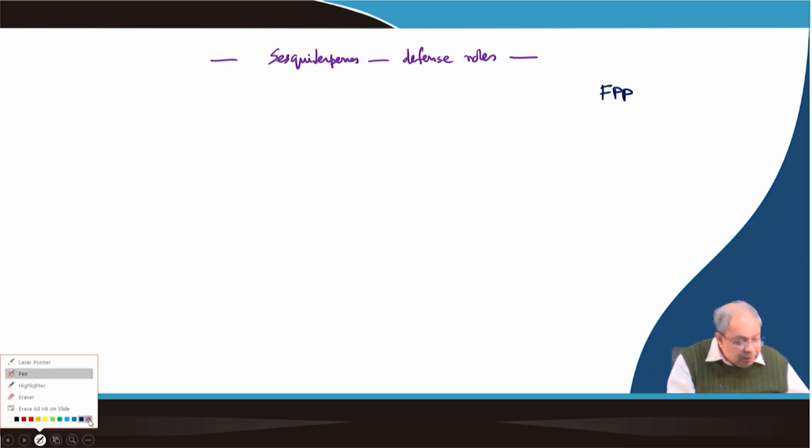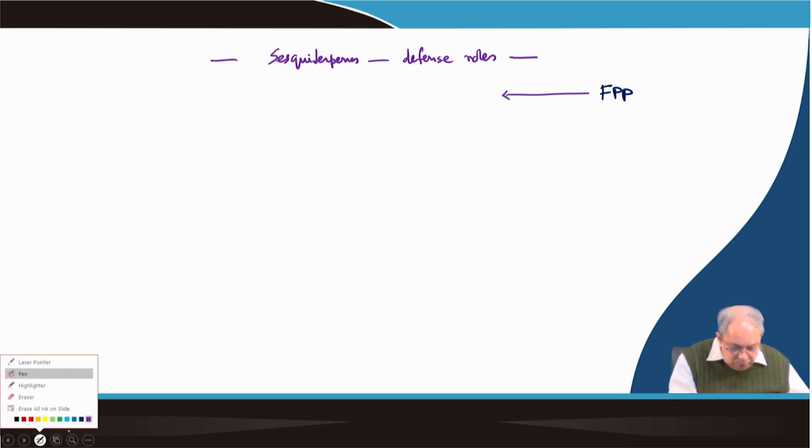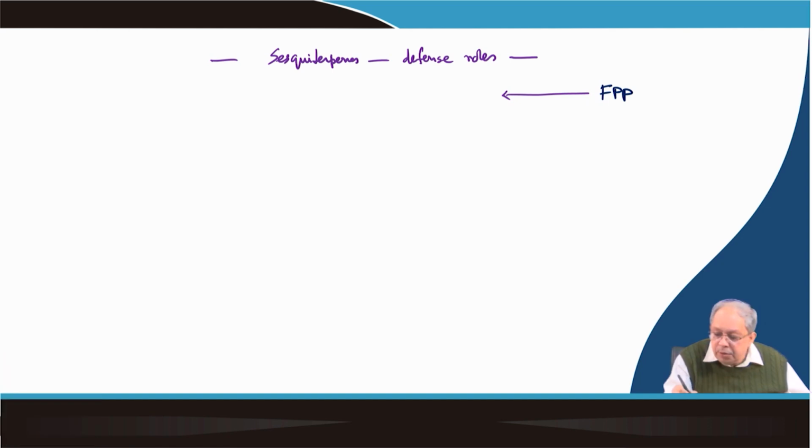From FPP, one route contributes to the formation of epi-aristolochene. So, from epi-aristolochene capsidiol is formed.